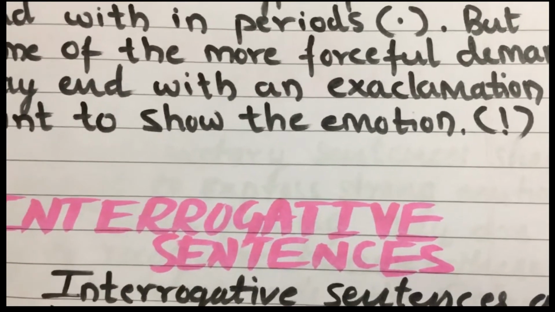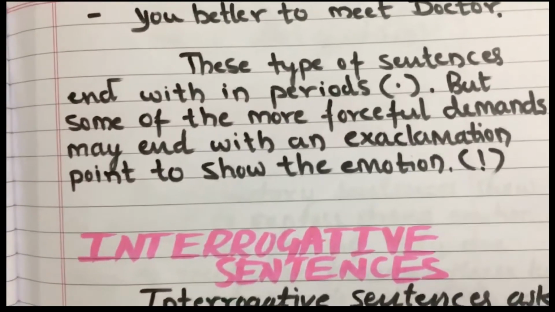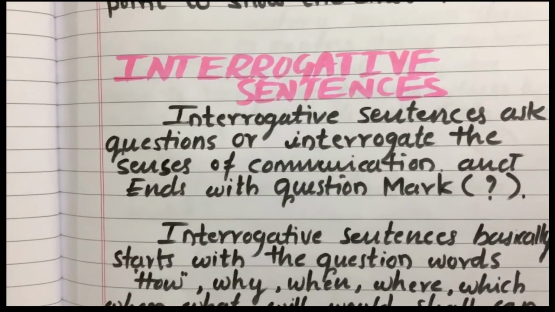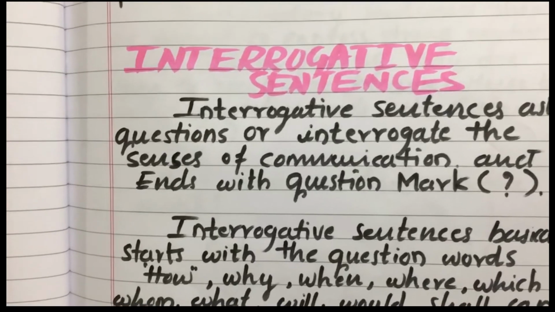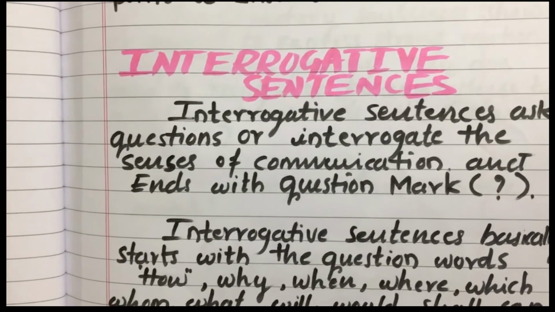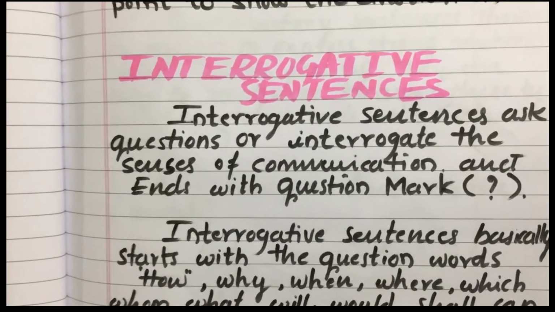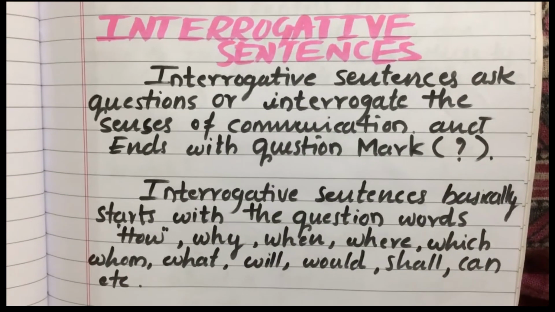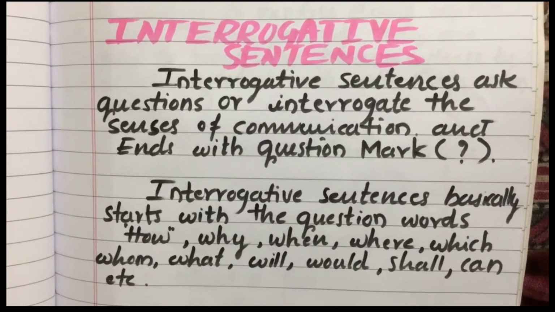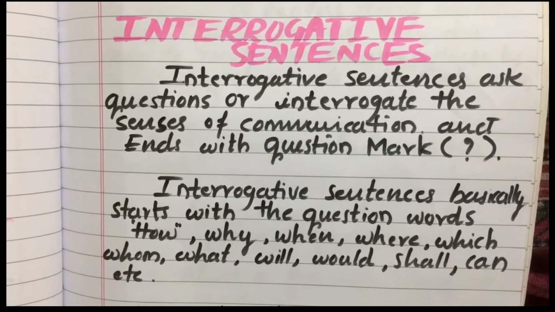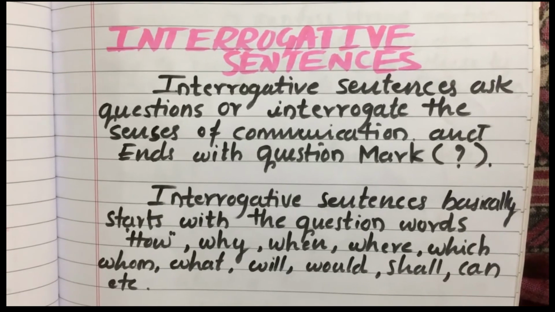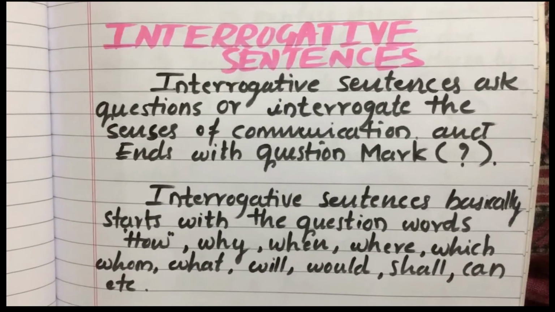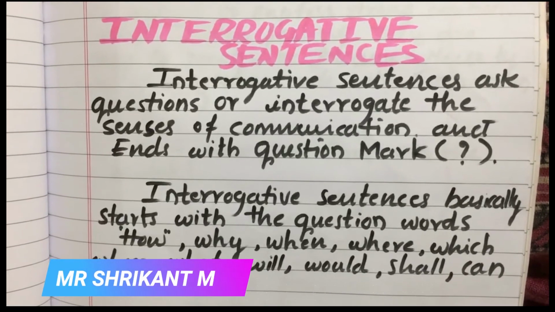Okay, now it's time to go to the third type of sentences, that is interrogative sentences. Interrogative sentences ask questions or interrogate in communication and end with a question mark.